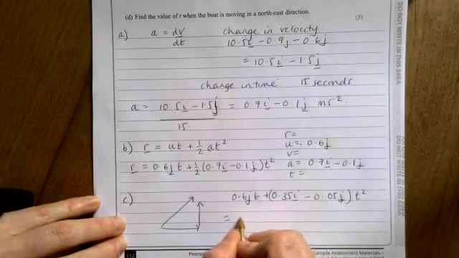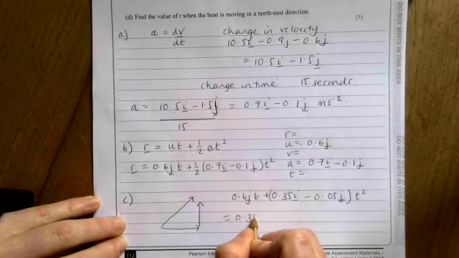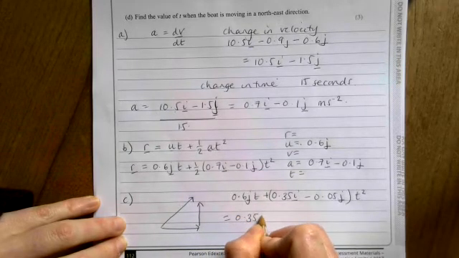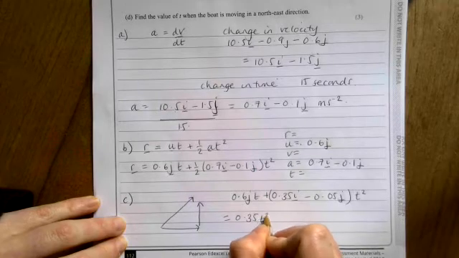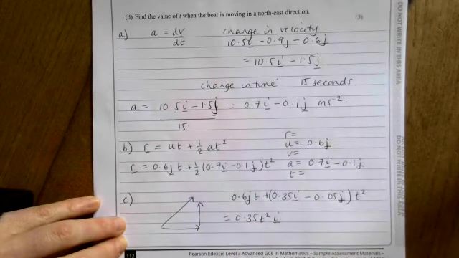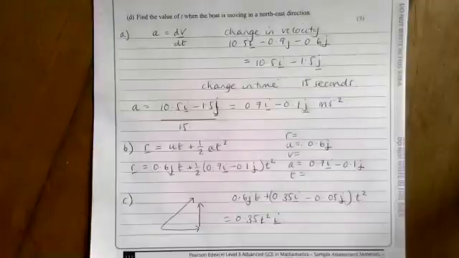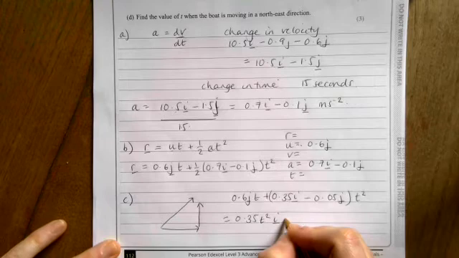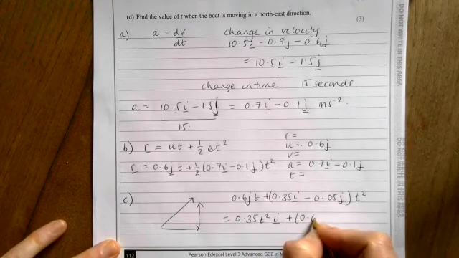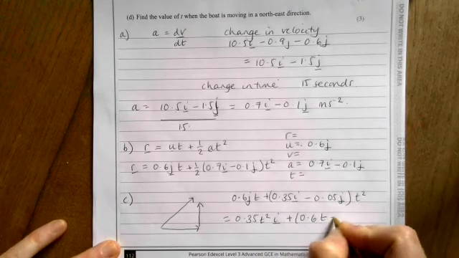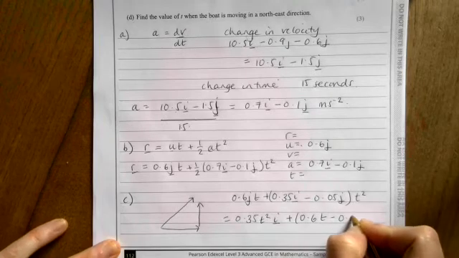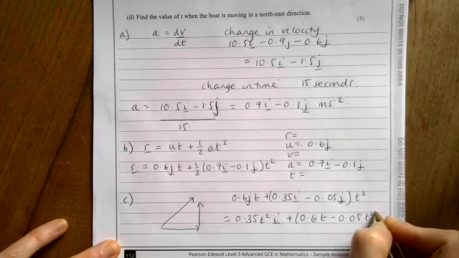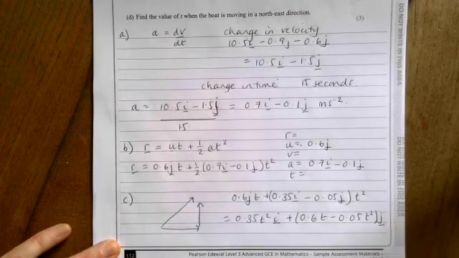So the i has 0.35 t squared i, and then the coefficients of j, we have 0.6t take away 0.05 t squared j.